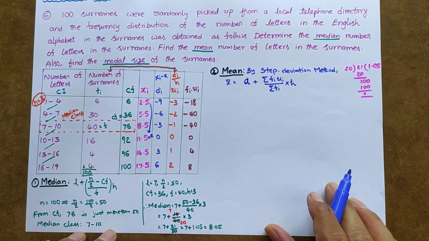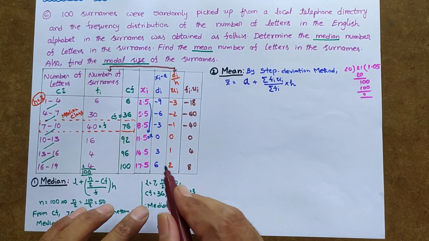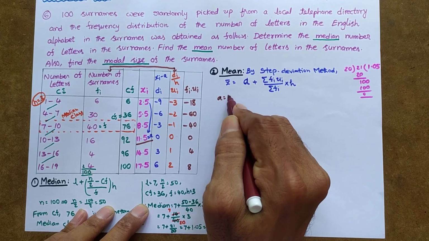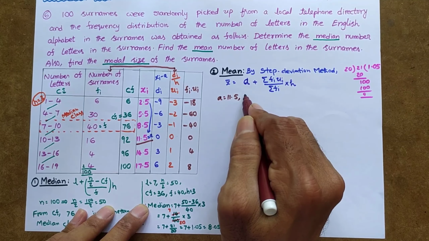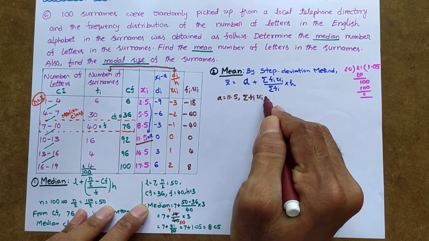Now let us find these values from the table. Let us observe them, you see clearly. A is 11.5, this is A. Let us write A is equal to 11.5 and sigma Fi ui, for which we need to find this total. Let us add the negative numbers first. 8 plus 0 plus 0 is 8. 1 plus 6 is 7. 7 plus 4 is 11. It is minus, so minus 11. Minus 118 plus, let us add the positive values. 8 plus 4 is 12.